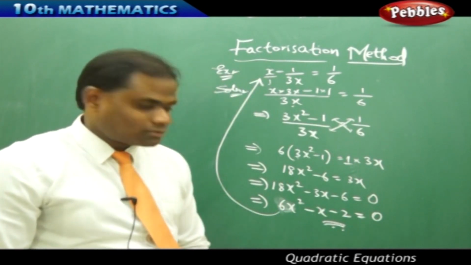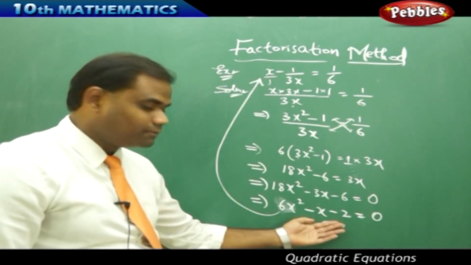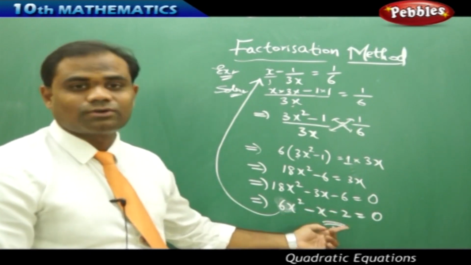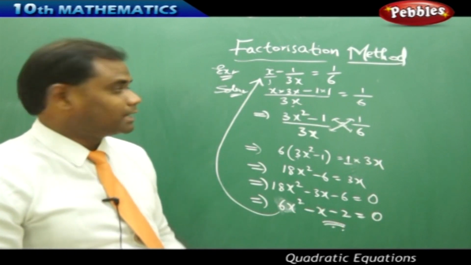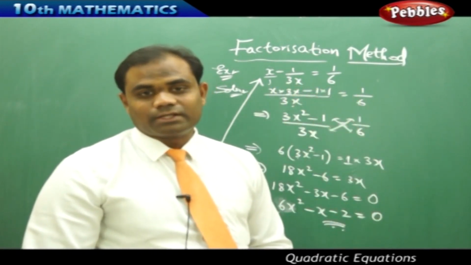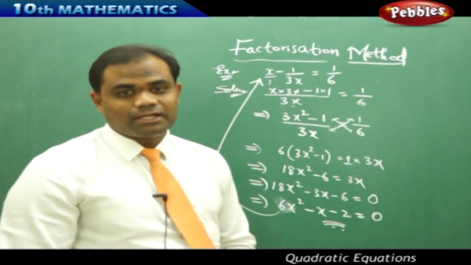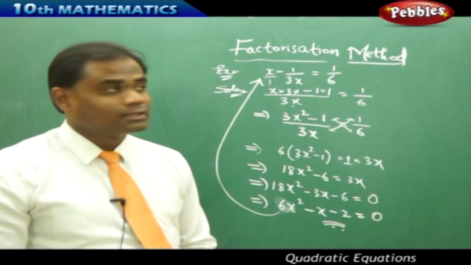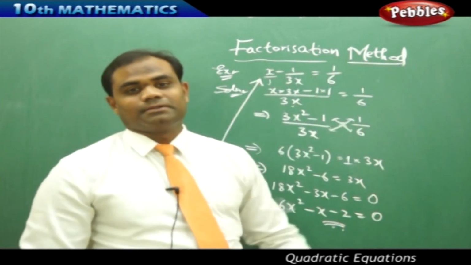Therefore, I have to solve the given quadratic equation, and the roots or solution of this quadratic equation is indirectly the solution of the given problem, is how we understand the concept. So let's see how we can solve the quadratic using the factorization method.